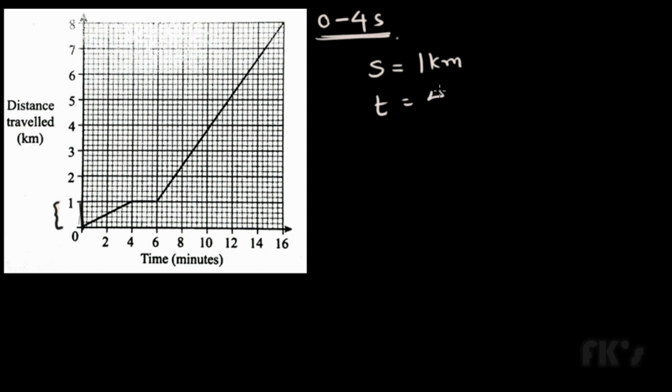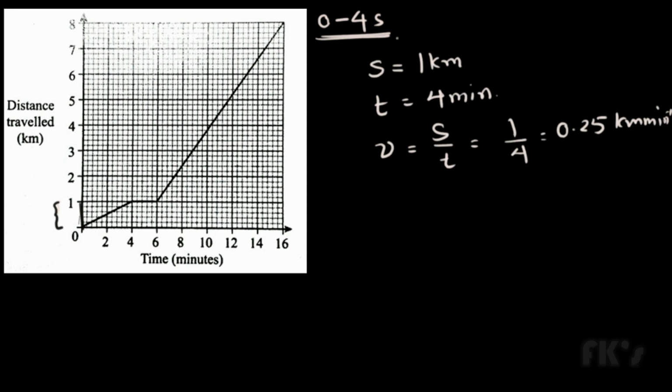So let me write it in the simplest way possible. My velocity will be distance upon time. This is 1 over 4, and that happens to be 0.25 kilometer per minute. So this is the speed.